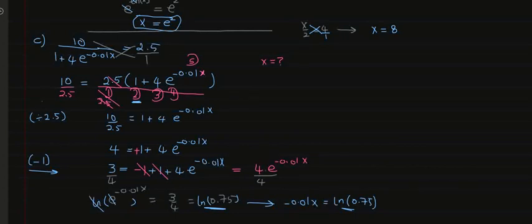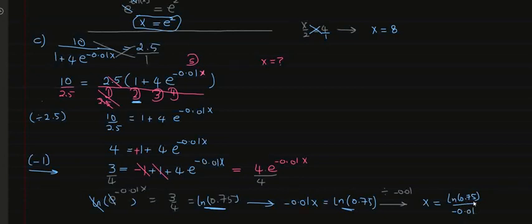And then finally, you might pause if you want and think about it for a while. Now we need to divide by the negative 0.01 in order to solve finally for x. And we will have x as ln 0.75 divided by the negative 0.01.